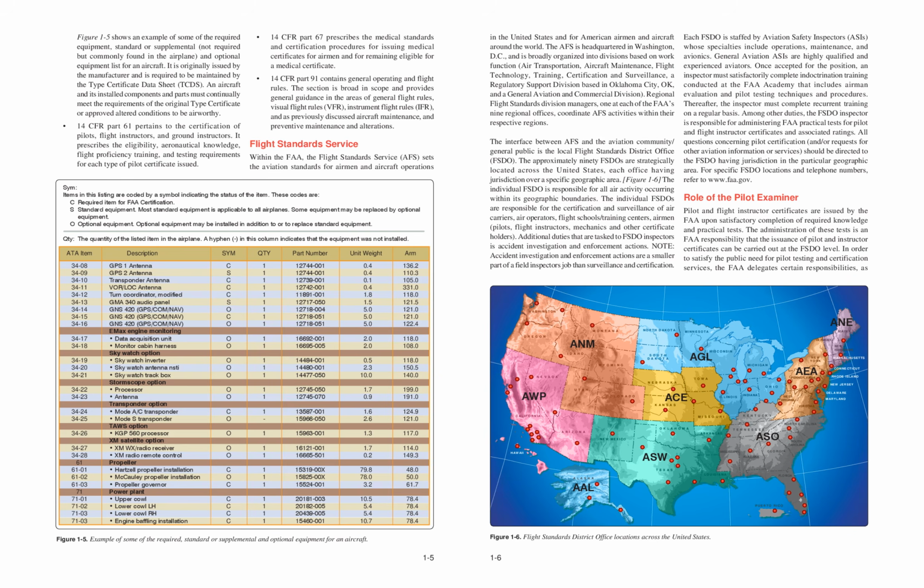0.40.40.10.41.81.55.05.05.0 2.02.0 0.52.310.0 1.70.9 1.62.6 1.3 1.70.2 79.8 78.03.2 10.55.45.4 10.7 Figure 1.5 Example of some of the required, standard or supplemental and optional equipment for an aircraft.